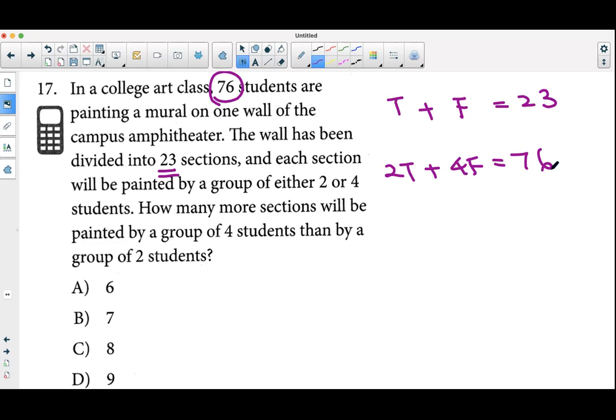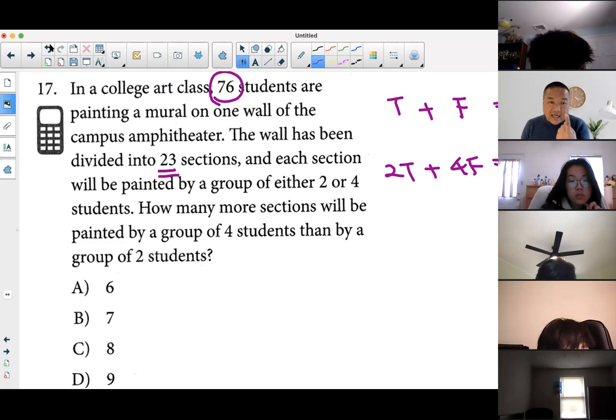So you want to figure out the values of T and F. I'm going to do this one by hand and also using the calculator, because if it's a section of 4 questions, we can easily do this one with the calculator. I'm going to do this one both ways, by hand and with the calculator.